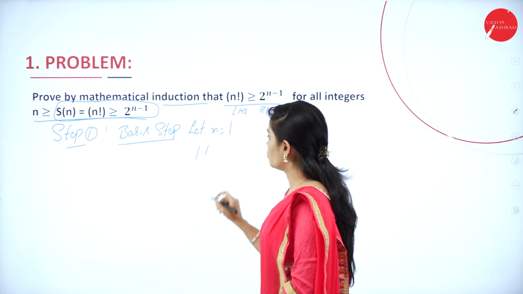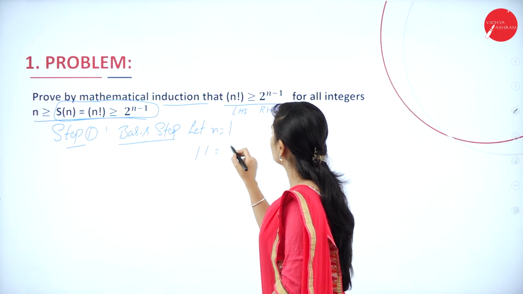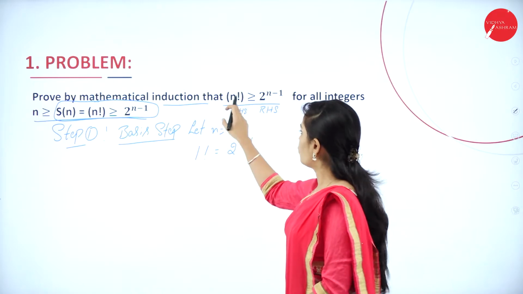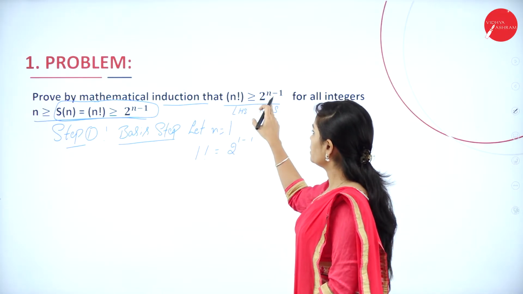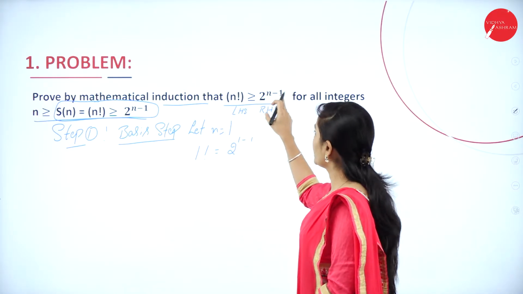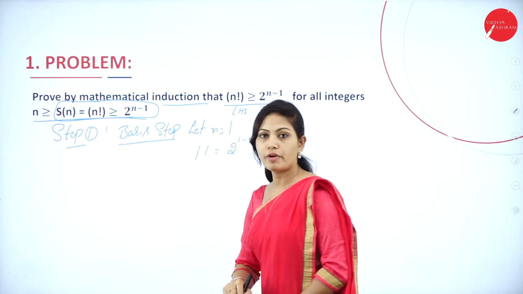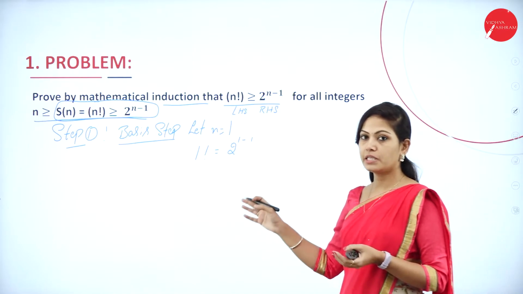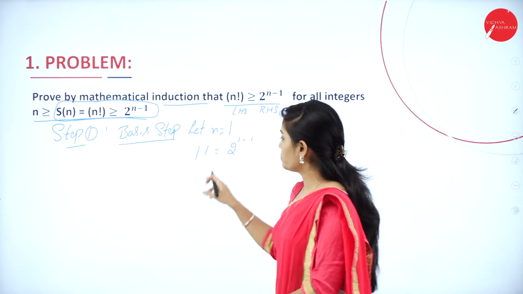So 1 factorial compared with 2 power 1 minus 1. So what is 1 factorial? I hope you know about the factorial method. You have studied this concept in school days, and in PUC also.